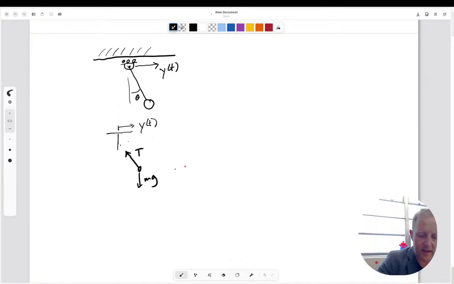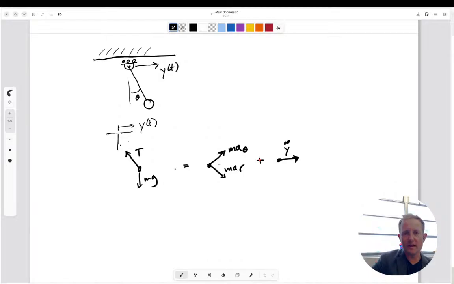So whenever I look at my acceleration, I need to consider both my radial acceleration, my tangential acceleration, and I need to consider this acceleration of left and right motion. So if it's a constant speed, then maybe that's a 0. If it's not, maybe it's not.